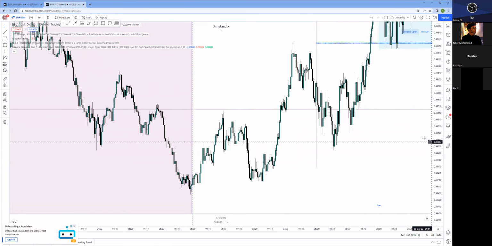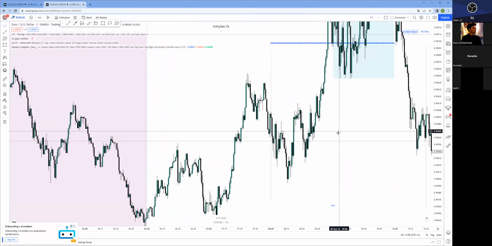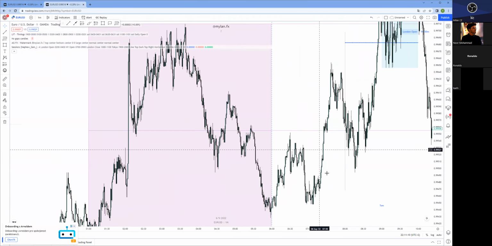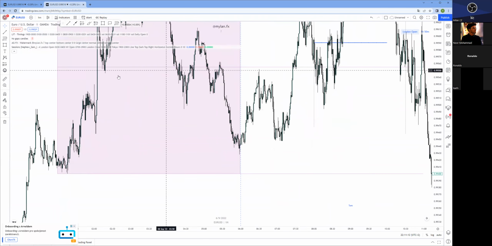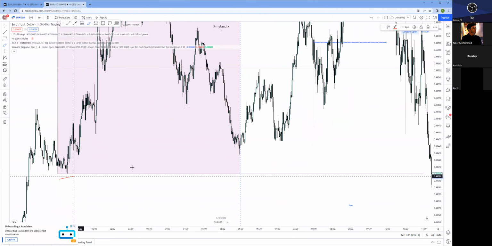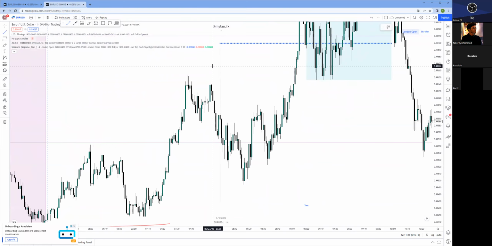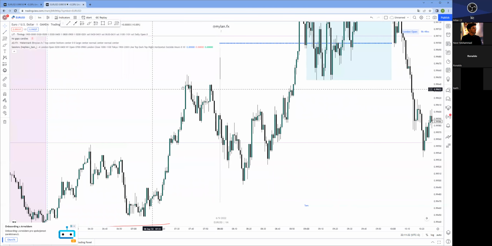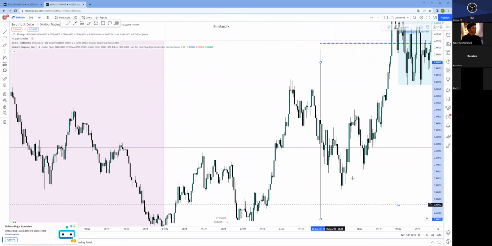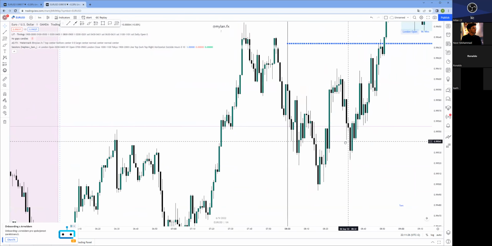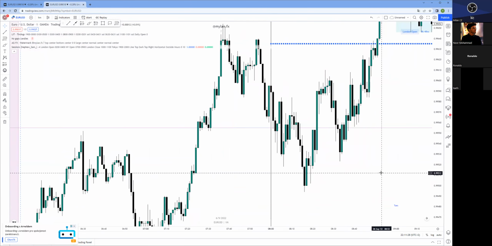Per Frankfurt, building liquidity, nothing important. All right. So this is Frankfurt open, this gray vertical line. And as you can see, I told you that Frankfurt usually starts with a manipulation. What does it mean?